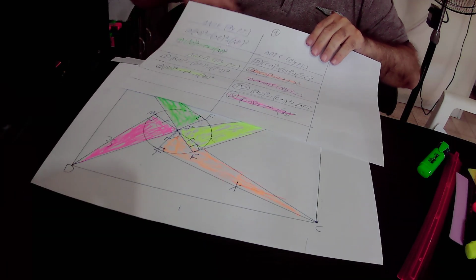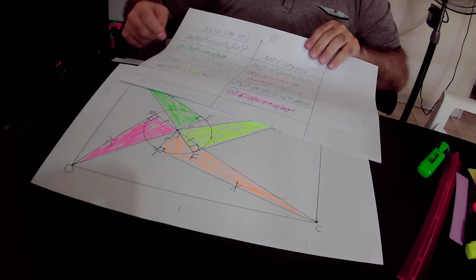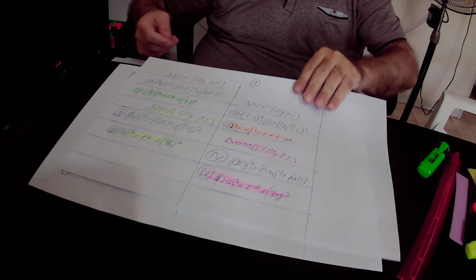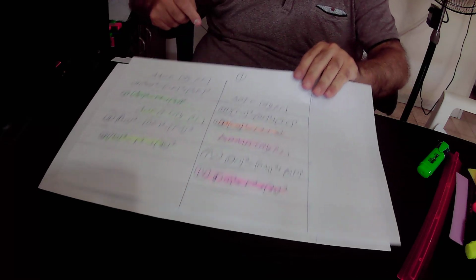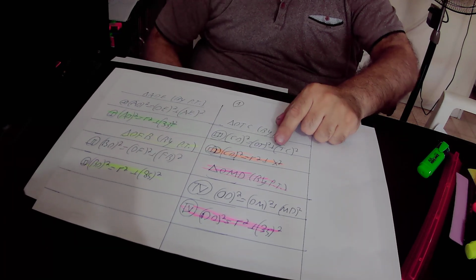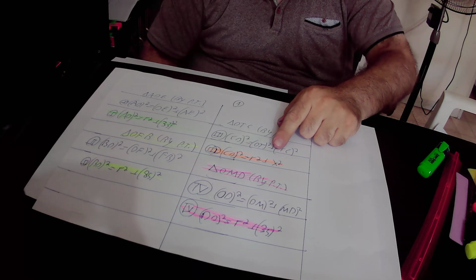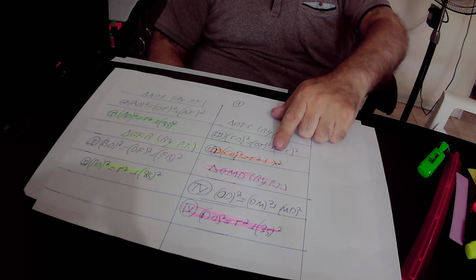OT equals R, therefore OT square is R square. TC equals x, therefore TC squared is x squared. So in conclusion, according to equation number 3, CO squared equals R squared plus x squared.